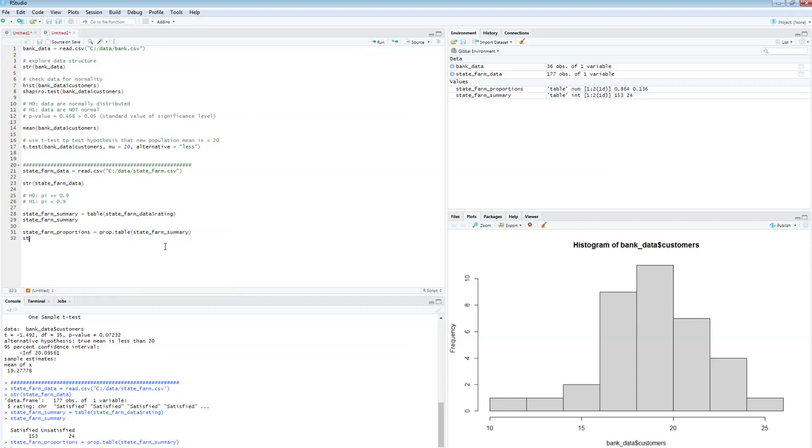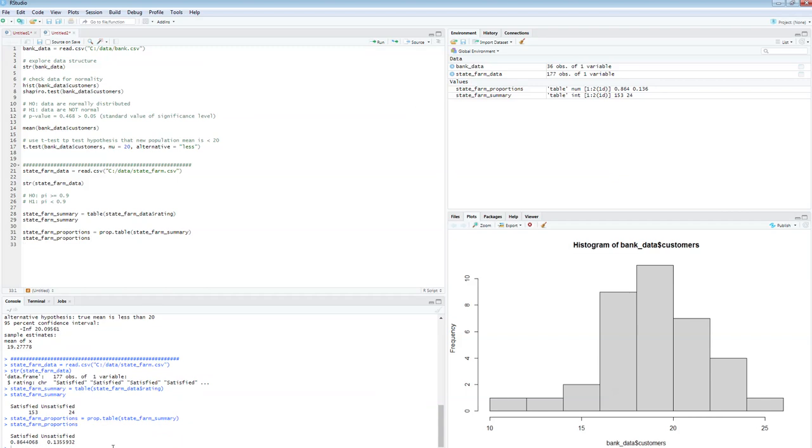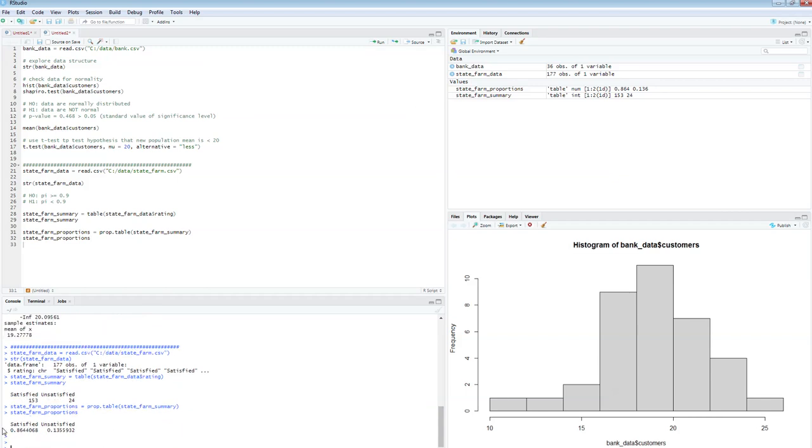So let me go ahead and see what state_proportions are set. They're telling state_proportions. All right, so here are the proportions. It looks like in my sample of 177 people, 86.4% said that they're cool with how their claim was handled, and 13.6% are unhappy with how their claim was processed, right?